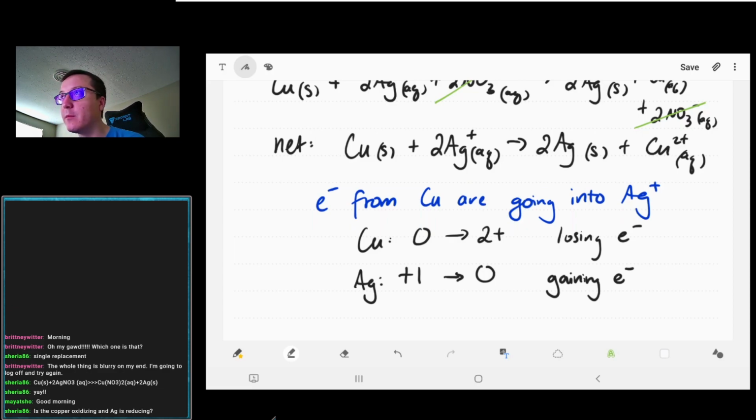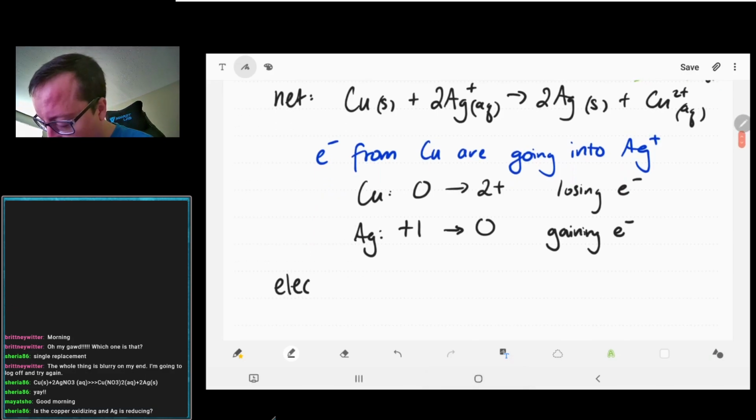Maybe a little bit more tough to look at the plain old equation and do it that way, but the net ionic equation will give us exactly the bare bones of our reaction, making it a little bit easier to see what's happening here. Alrighty, and so, yes, indeed, this is a special type of reaction where electrons are being transferred from one substance to another substance. And we have a fancy name for those.